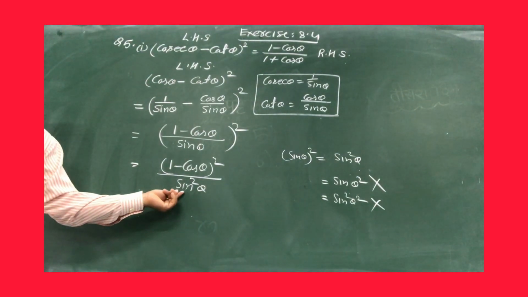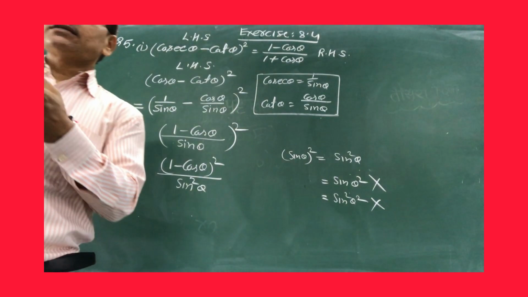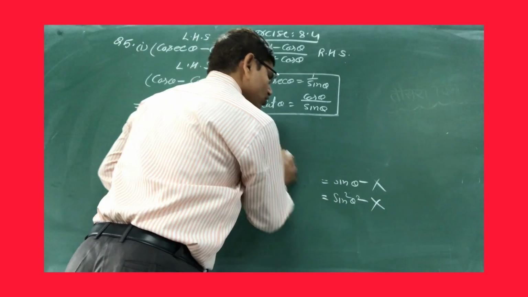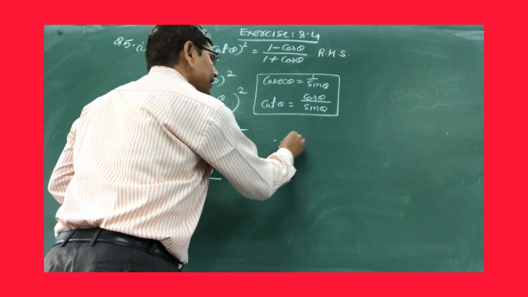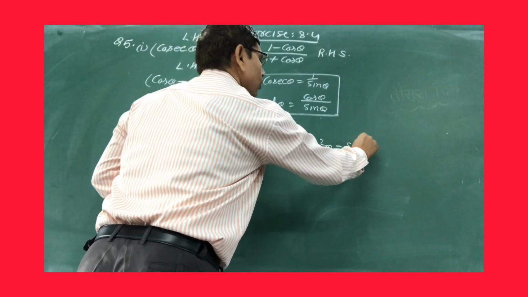So here you get sin square theta, but you know one more identity: sin square theta equal to 1 minus cos square theta. This is the value of sin square theta.